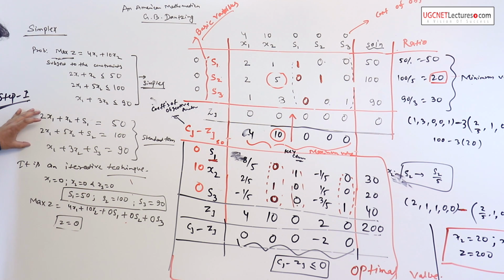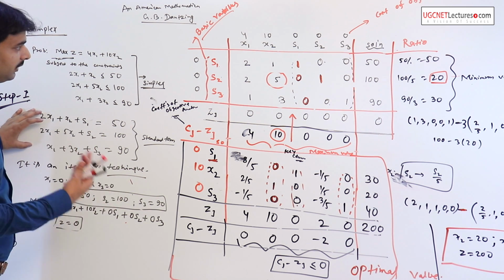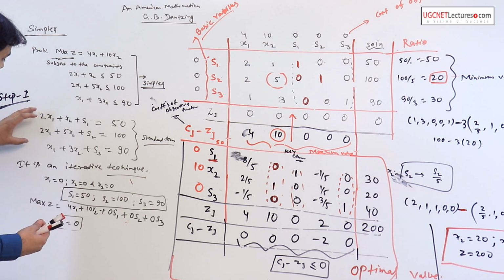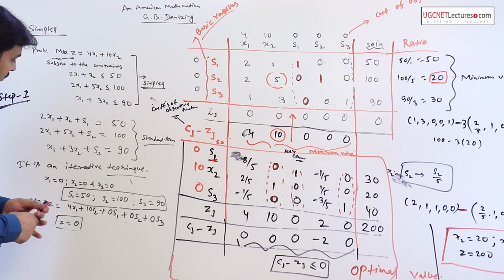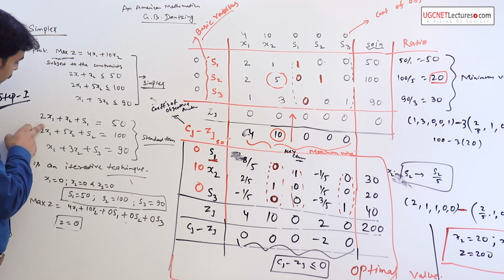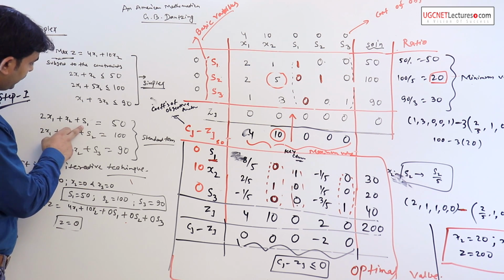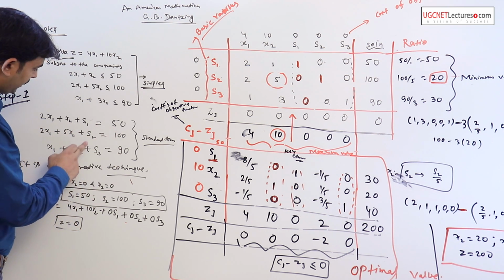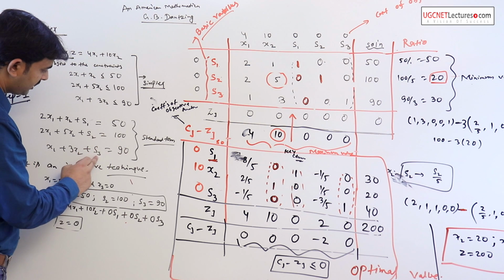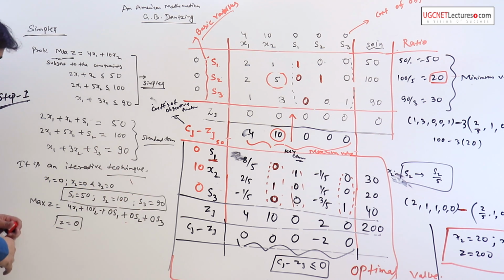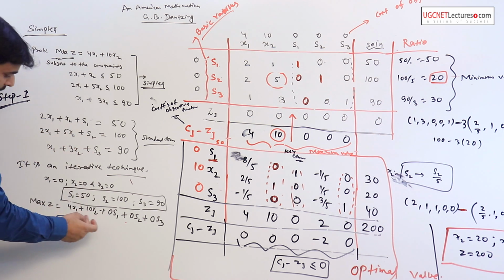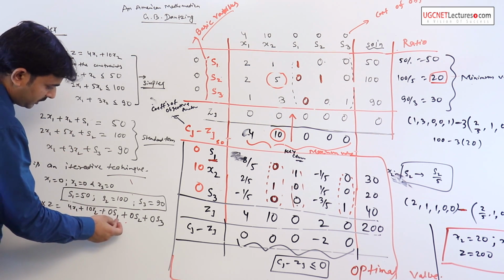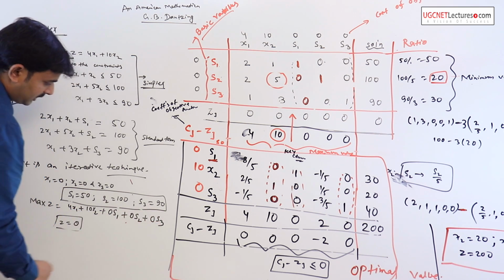Now for applying the simplex method, we have the starting basic feasible solution. For this, if we have x1 equal to 0, x2 equal to 0, it gives s1 equal to 50. Similarly, s2 equal to 100, s3 equal to 90. And the maximization of z is 4x1 plus 10x2, and we already introduced s1, s2, s3. So maximize z equal to 4x1 plus 10x2 plus 0 s1 plus 0 s2 plus 0 s3.